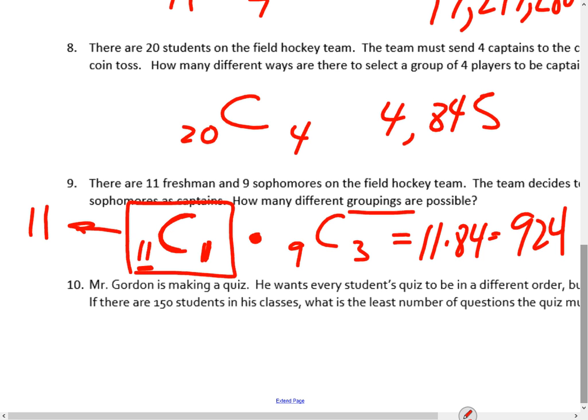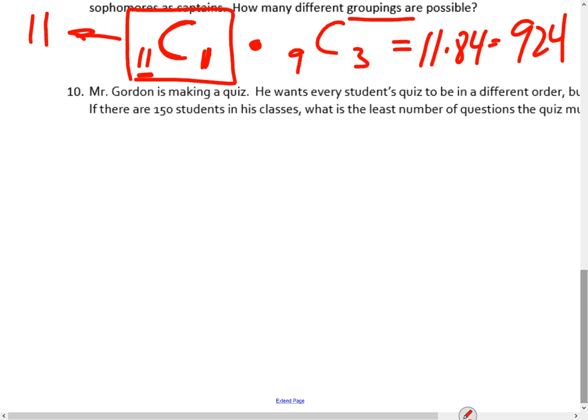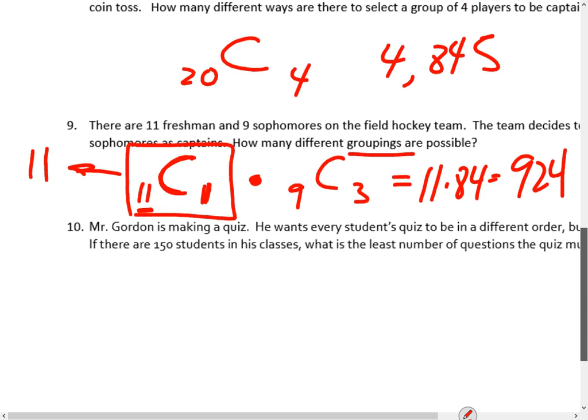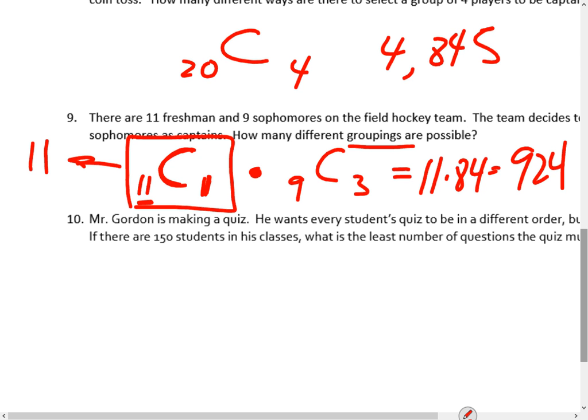Last one. We were working backwards for this problem. I'm making a quiz. Imagine yourself sitting in a class. I need the least number of questions so that my 150 students, all of my students, get a different looking quiz.